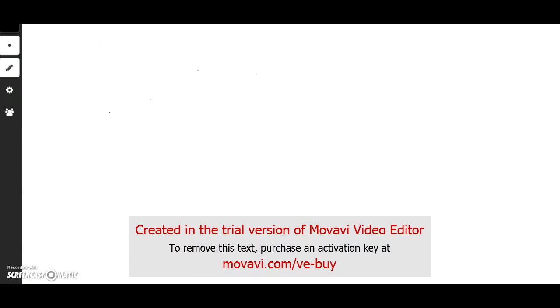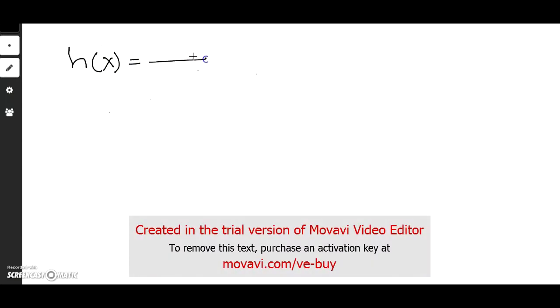Now we are going to see how a function has an x-intercept and y-intercept. For example, let's take a function h of x equal to 3 divided by x plus 2.